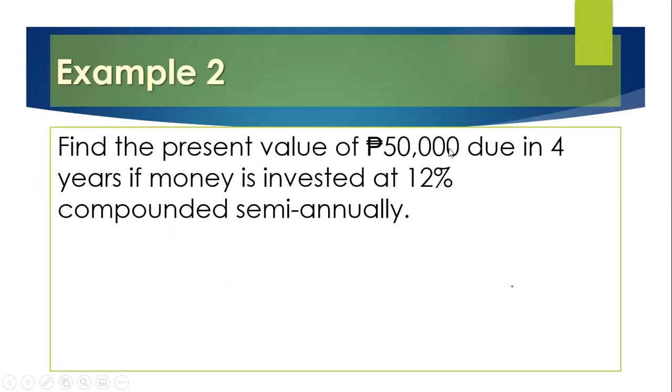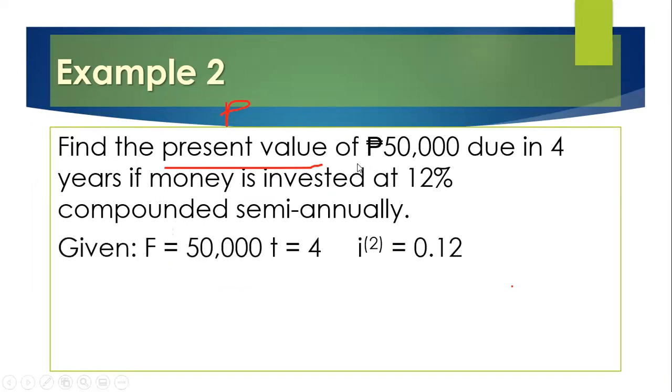For example number 2, find the present value. Makikita na agad natin na ang hinahanap ay yung P of 50,000 pesos due in 4 years if money is invested at 12% compounded semi-annually. Okay? So we have the given. Given tayo ng F, 50,000.